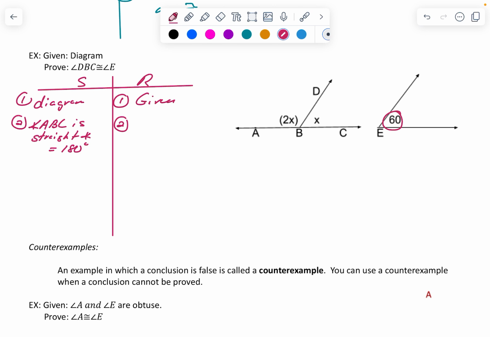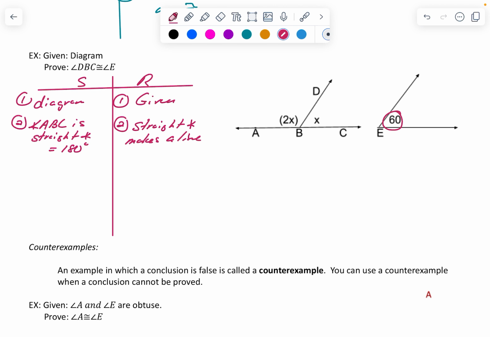And so I'm just going to say straight angle makes a line. Okay, because we can see that from our diagram. A straight angle makes a line. We can tell lines from a diagram.